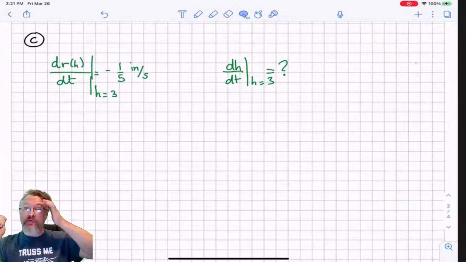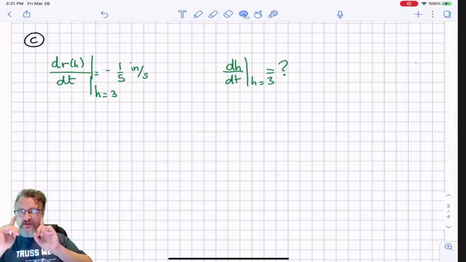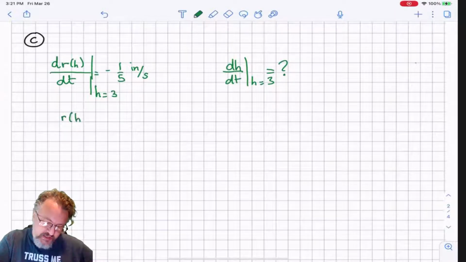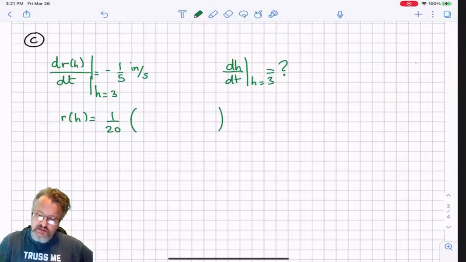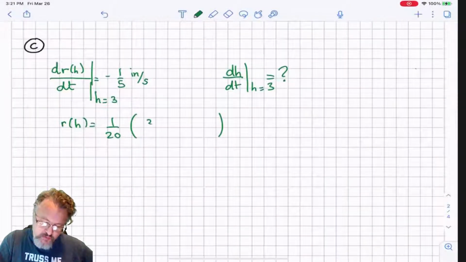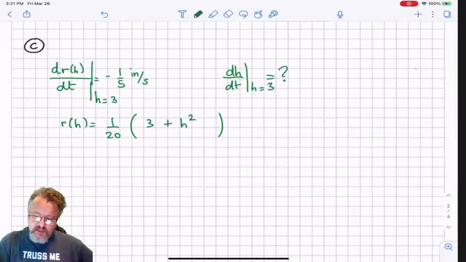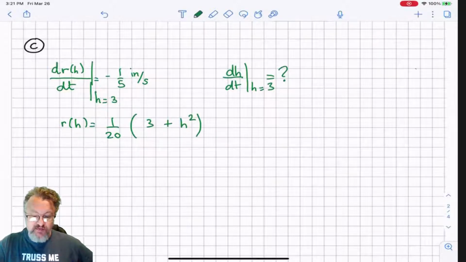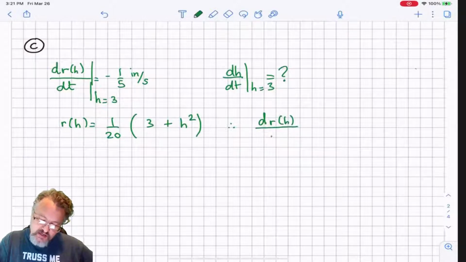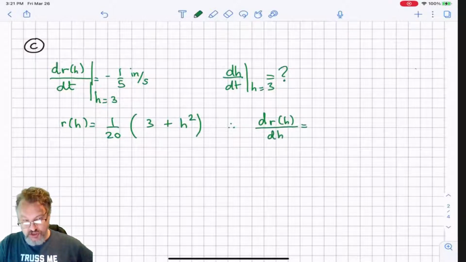Well, we want dh over dt. We know dr over dh. So let's look at r. R of h is equal to 1/20 times 3 plus h squared. Since this function is a function where the independent variable is h, the only rate of change that I can calculate directly is dr over dh, because r is a function of h.